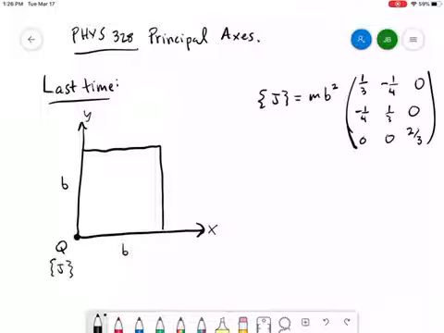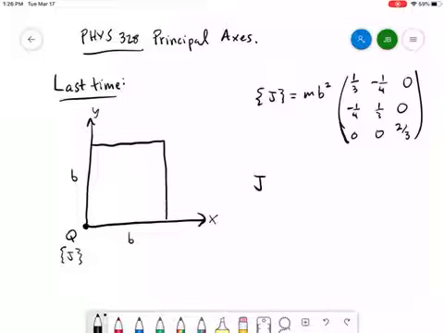We had worked out something equivalent to a parallel axis theorem for inertia tensors, and we found that we could reference a different point, and we could connect our point Q to some other point O at the center of mass through this expression that looked like this.